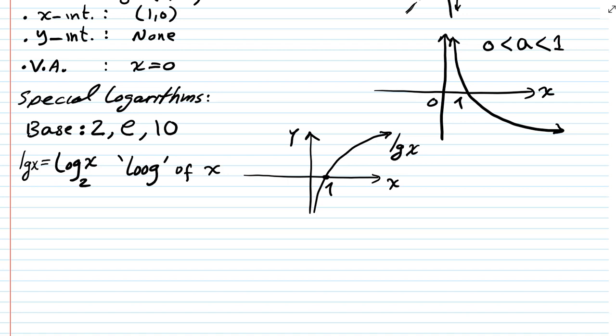Then we look at the log base 10. The log base 10 of x is called the common log. And it's common because in the old math textbooks, it was common to all math textbooks. They used to have the table of values of logarithms with base 10.